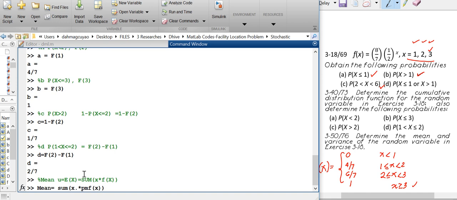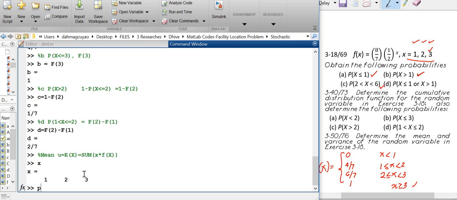If we're going to multiply x to its corresponding probability mass function, we're going to have the mean. So before we do that, let's first recall what is x and what is PMF.